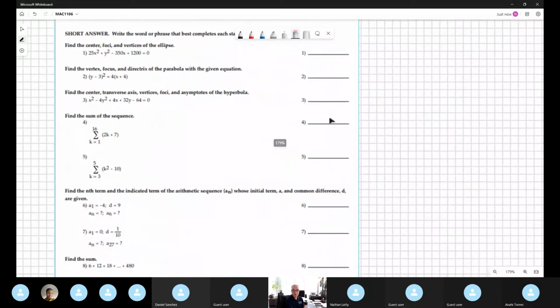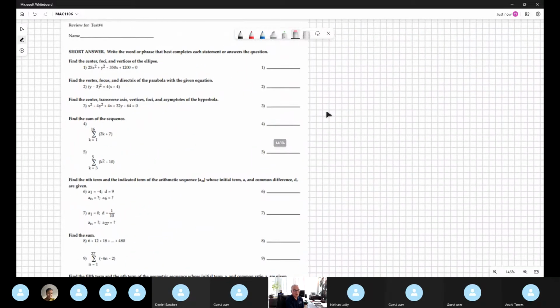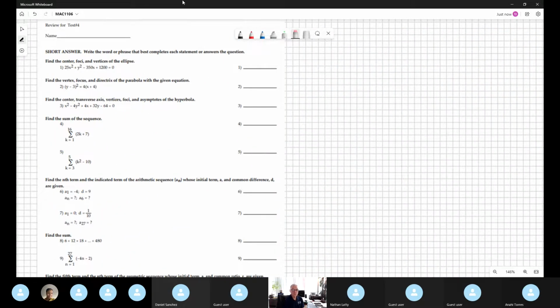Question 4 says, find the sum of the sequence, and the sum is expressed in sigma notation. Sigma, k from 1 to 16, parenthesis 2k plus 7. In this case, expanding is a little bit crazy because there are 16 elements. That's what I recommend in other cases, but in this one, no.